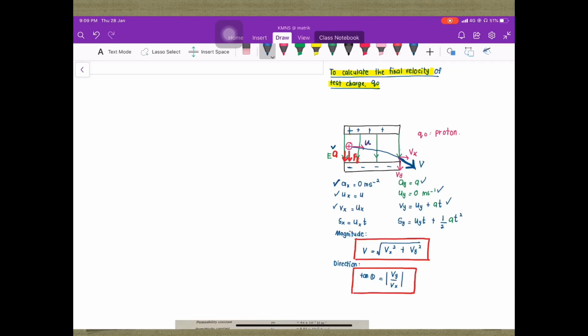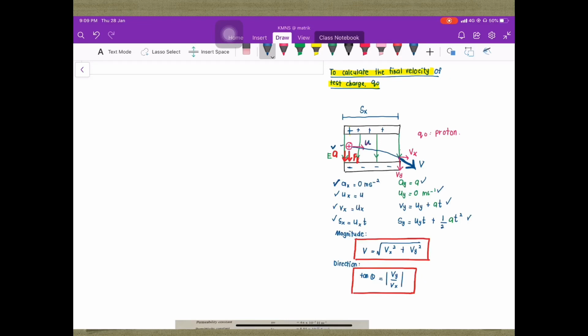Next, the range or horizontal displacement as x. Where is your sx? Referring to this diagram, this is your horizontal displacement. When we want to calculate vertical displacement, we can use sy equal to uy t plus half a t squared. Where is your sy?